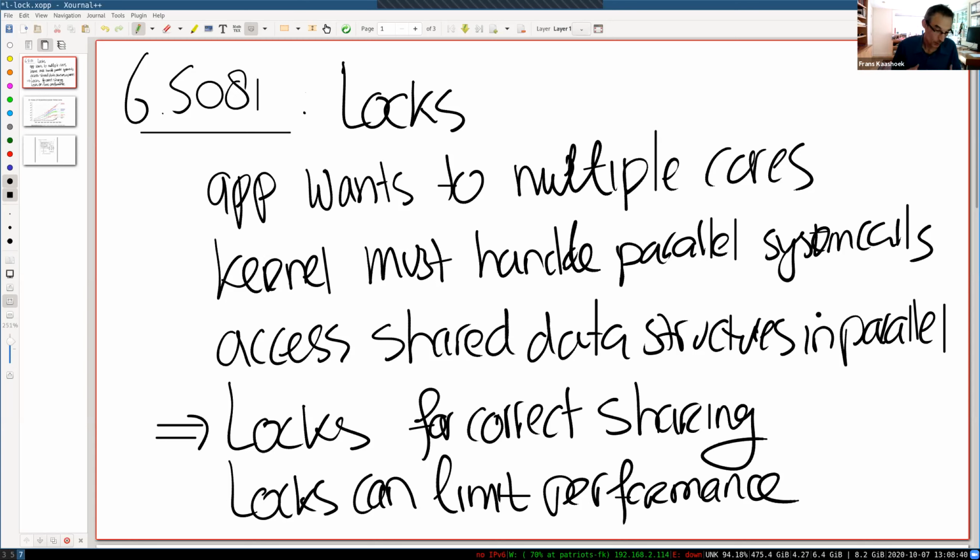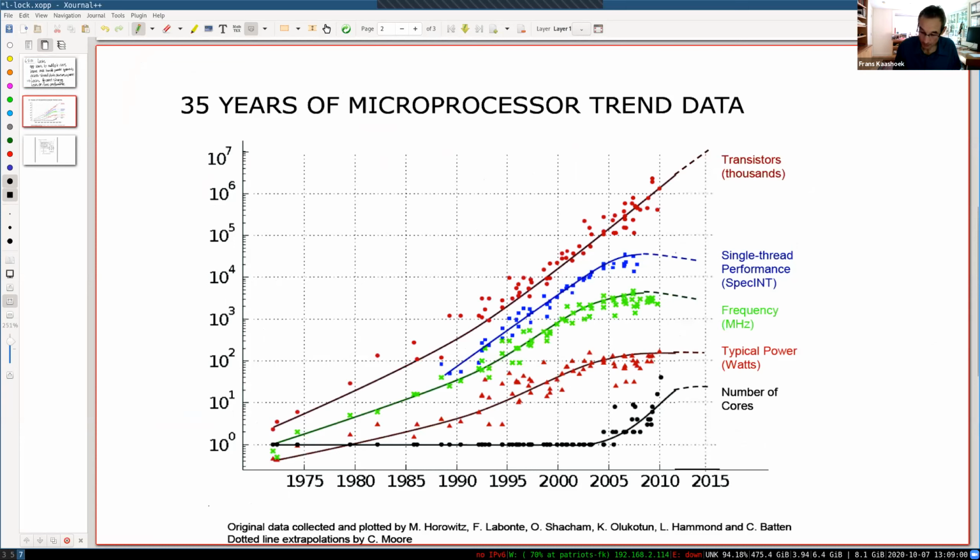And maybe just to really bring this point home, why do applications actually want multiple cores? And that really has to do with technology trends over the last couple decades. And there are classic graphs that make these points. So let me pull up one of them. There's a little bit of a complicated graph, but there's years on the x-axis, and on the y-axis there's units.